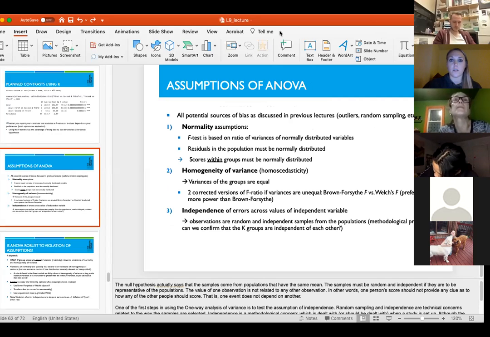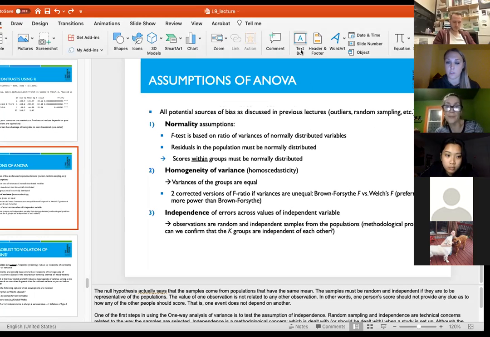So we still want your residuals to be normally distributed. We want the scores within groups ideally to be normally distributed. So obviously if you plot all of your scores, so if you have 3 groups and you plot them all together on the same histogram, you're probably not going to get a normal distribution because you're expecting differences, right? You have them in 3 groups, they're probably different. So you want to check the distributions within the groups.